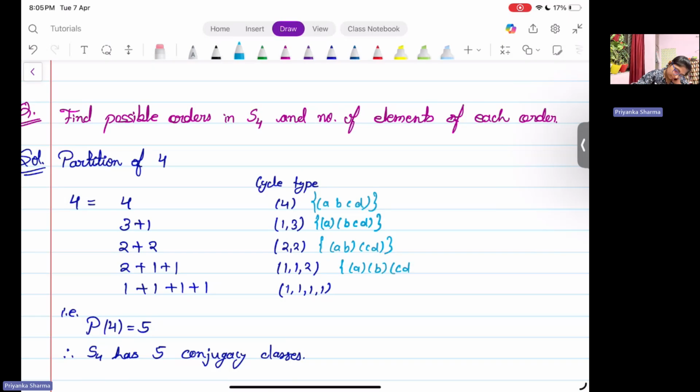Here we have C, D, and here we have this A, B, C, D. Okay. So what will be orders for these type of elements A, B, C, D, where A, B, C, and D are distinct? So obviously they have order 4.